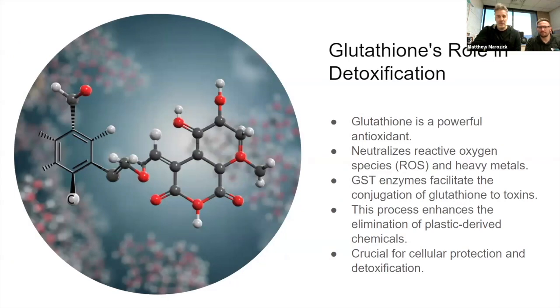This one is a powerful antioxidant, and it helps with reactive oxygen species and heavy metals. The nice thing about this is you can supplement very easily for this using L-glutathione. Which form do we use in our supplement? We have one of the newer ones, they call it reductase or acetyl. There's a newer version.